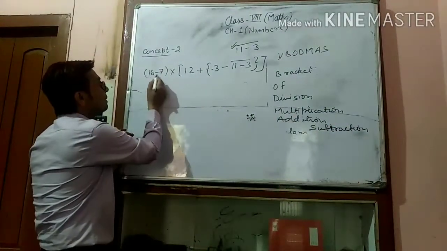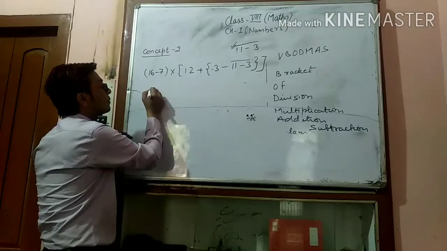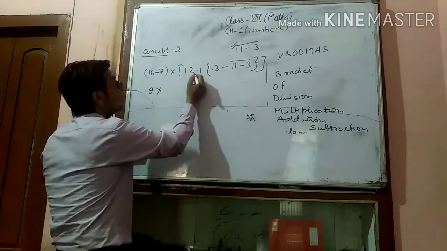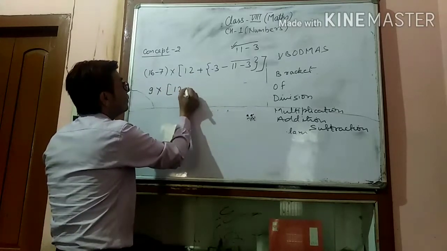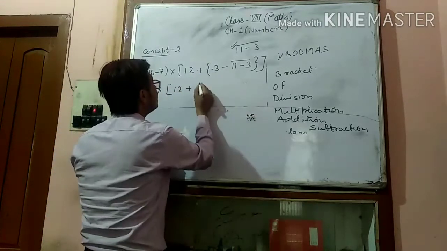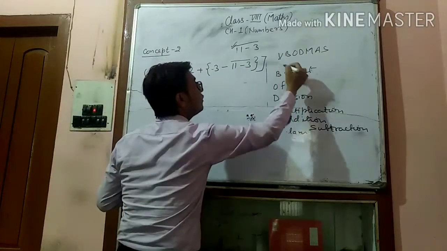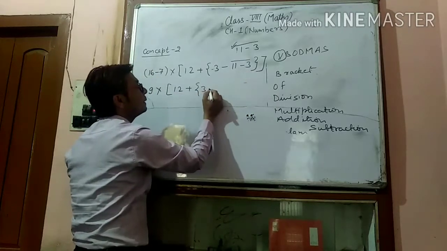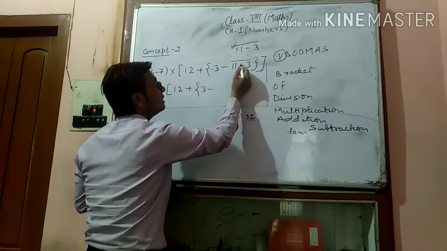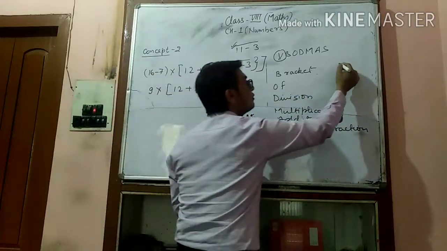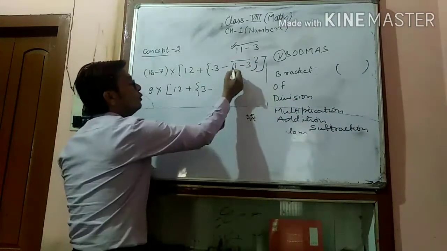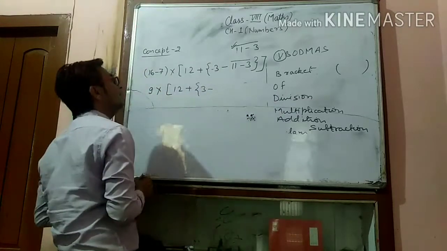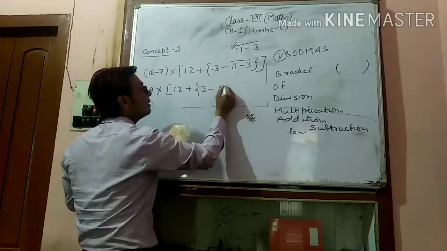So 16 minus 7, that is 9, into 12 plus. First of all, we will solve this one. 3 minus, this bar bracket, so 11 minus 3, that is how much? 8.